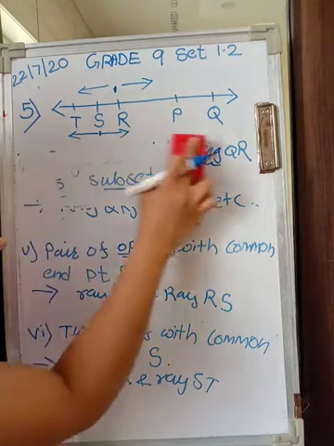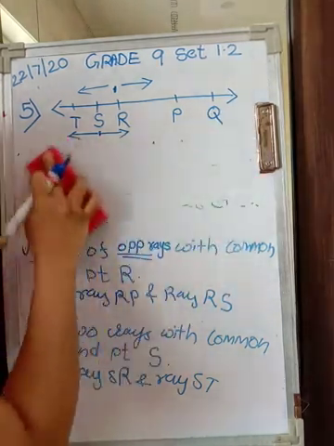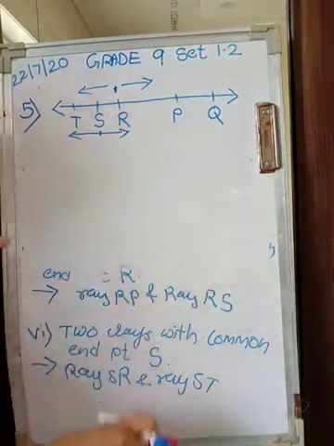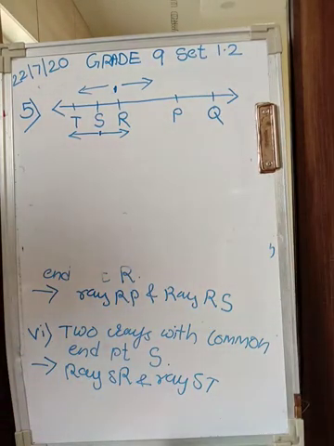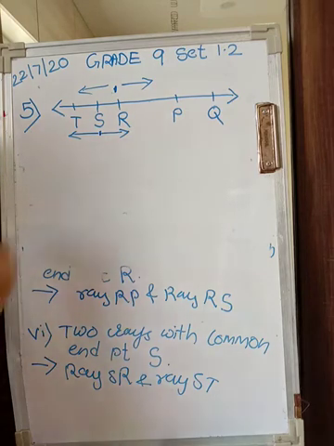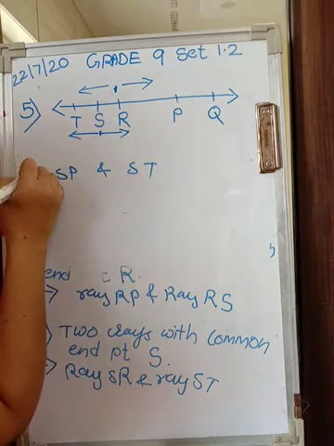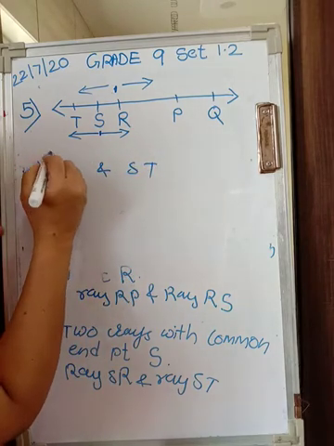Seventh sub-question, and it is very interesting. See what the question is. The question says: write the intersection of ray SP and ST. SP and ST. This is the seventh we are solving.